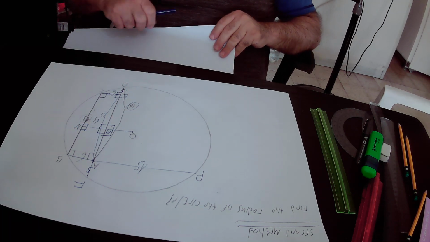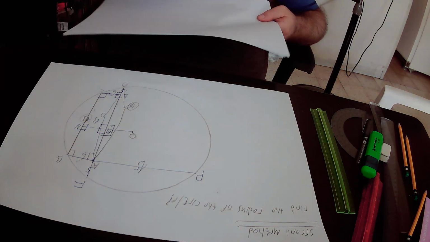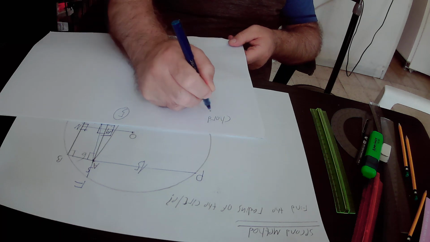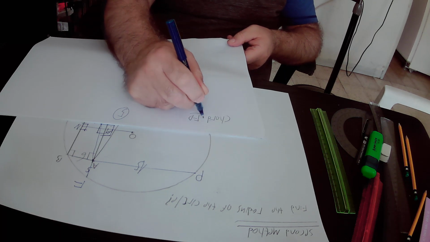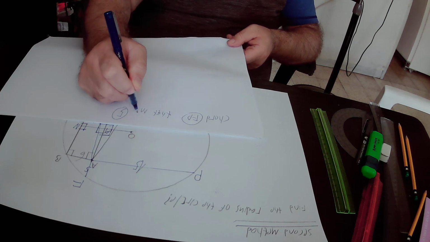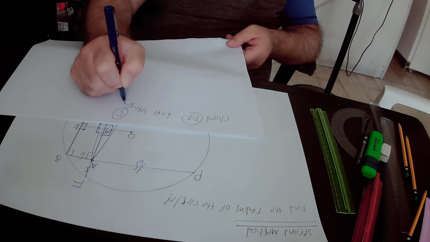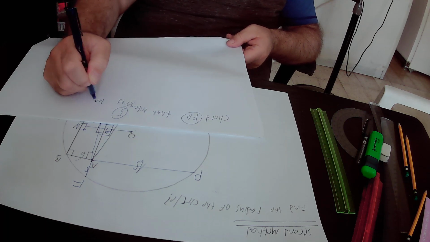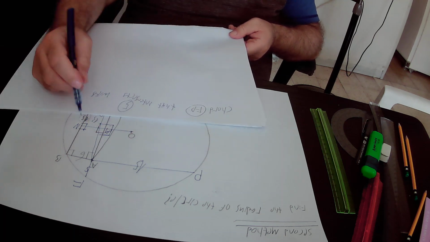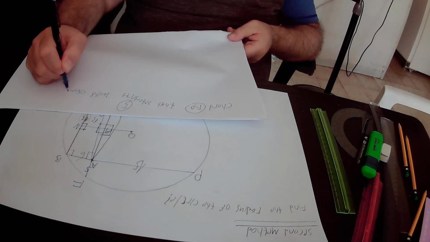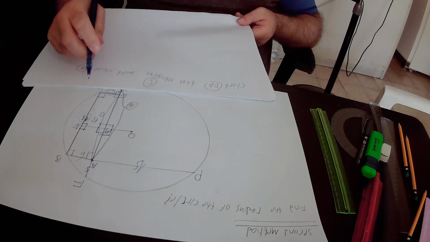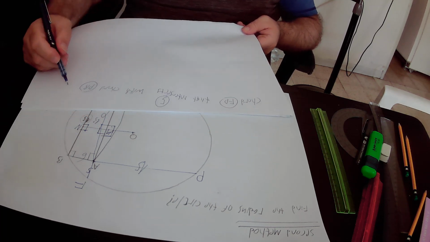So write it down. In our original drawing, we have chord FD that intersects with chord PB, and they are actually perpendicular to each other at 90 degrees.